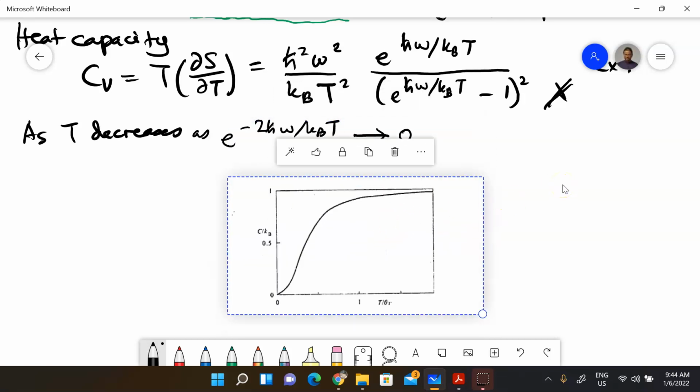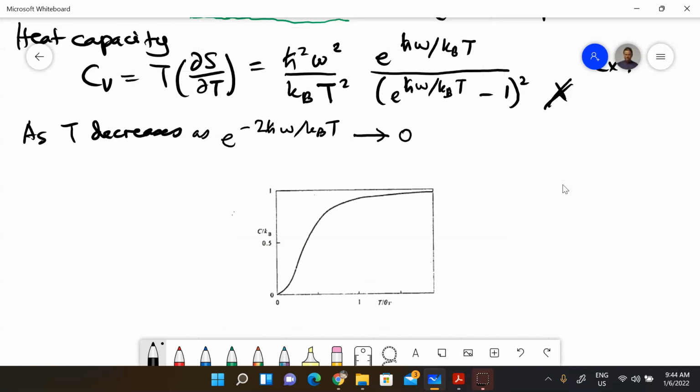At high temperatures, here is T over, I can't remember what it is. I think some reference temperature, but never mind.